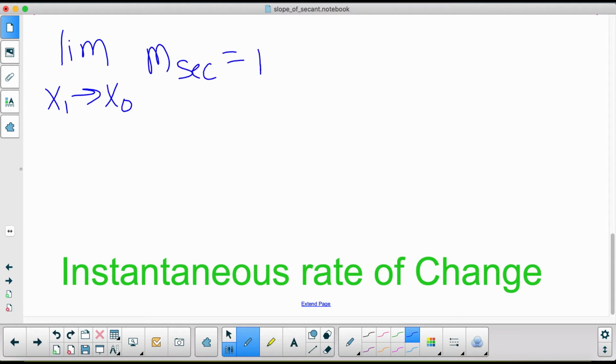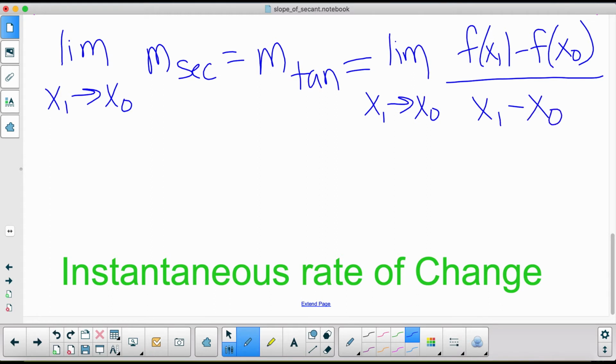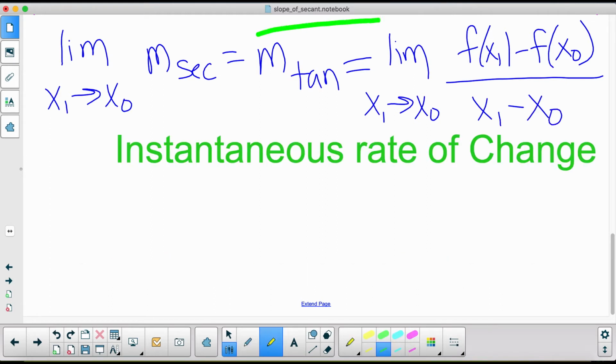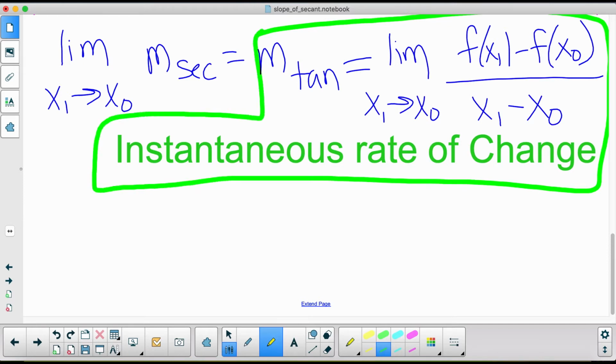And that's what gives you the slope of the tangent, which will be the limit as x sub 1 goes to x sub 0 of f of x sub 1 minus f of x sub 0 all over x sub 1 minus x sub 0. This right here is going to be that instantaneous rate of change.